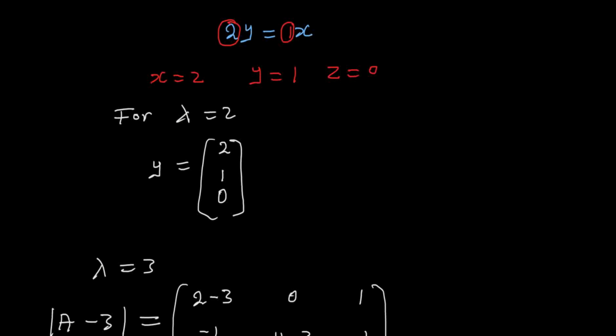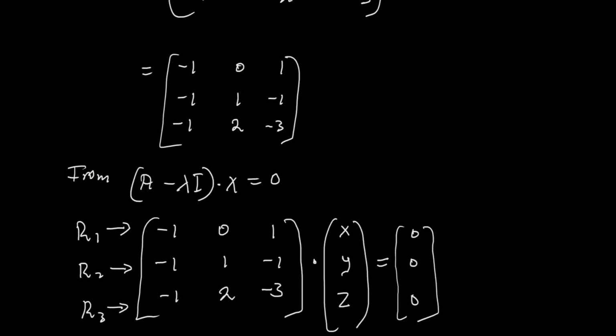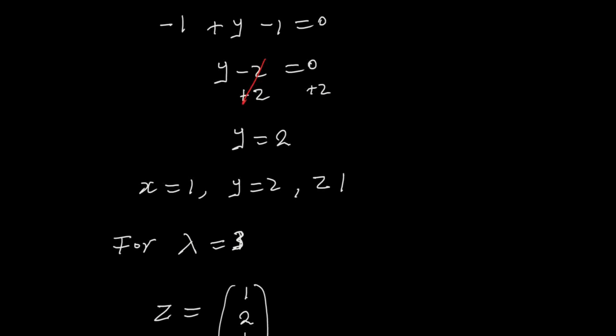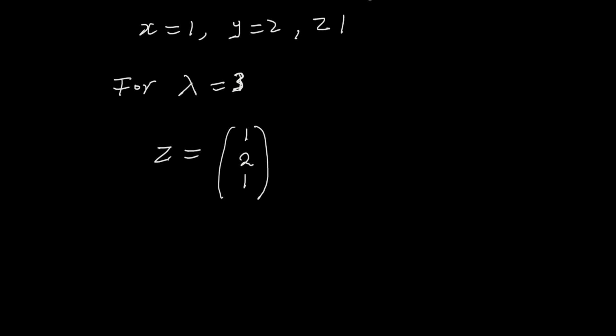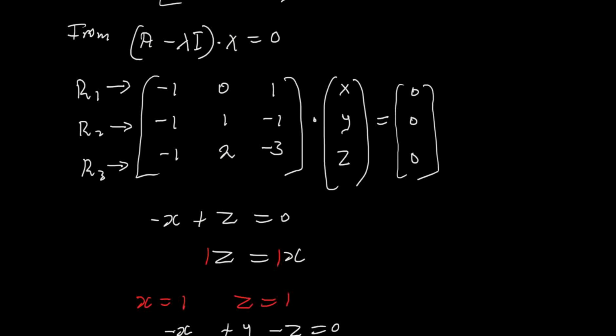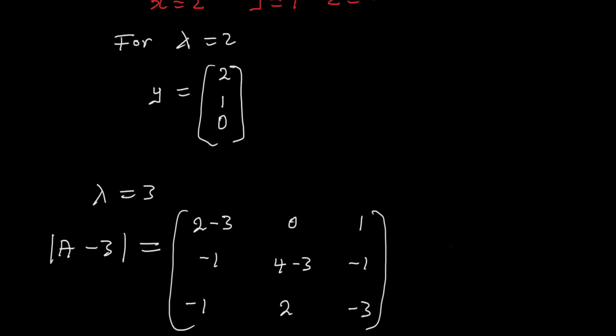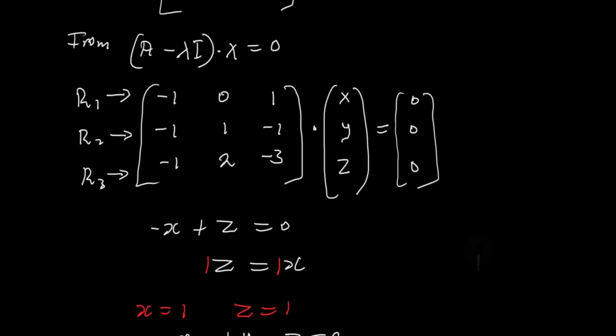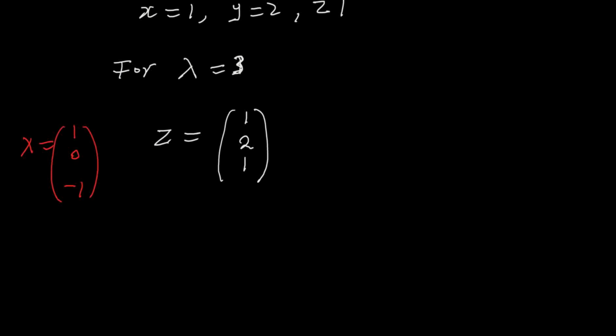So let's put it down: 1, 0, negative 1. And for y, the value we got is 2, 1, 0. So y is equal to 2, 1, 0.